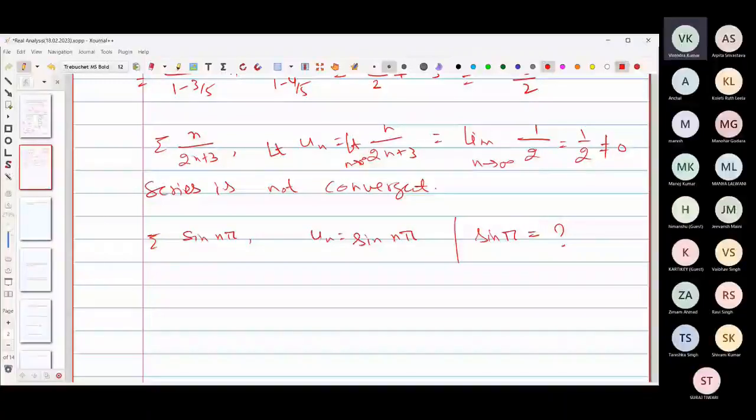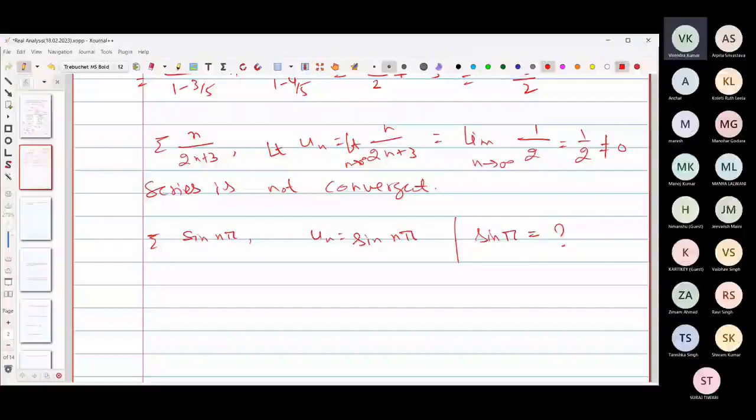You just remove the first m minus 1 terms from the series. And then you know that the m-tail decides the nature of the series. So if you are adding, altering, or deleting a finite number of terms, whether positive, negative, or some of each, this doesn't affect the nature of the series.